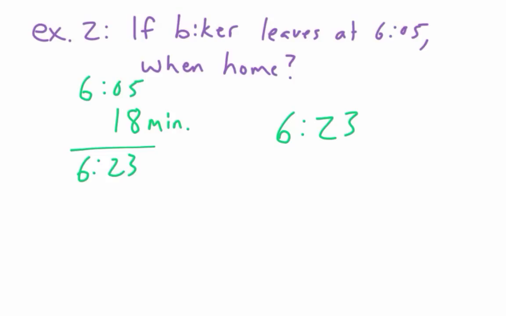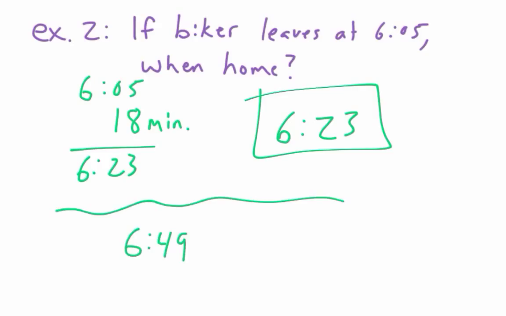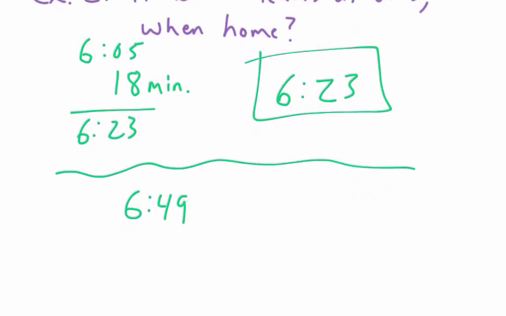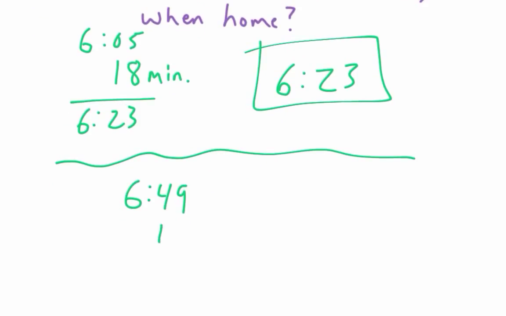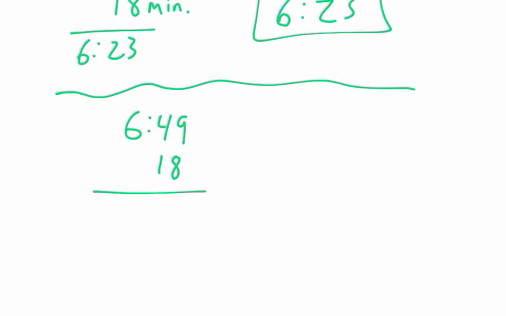That would be a little rougher if you were going over into 7 o'clock. Maybe I should do that here. Is that okay for everybody, 6:23? Okay, so if it had been 6:49 instead, and you add 18 minutes to that, what time does it end up becoming? I guess I'm not sure how to explain this.